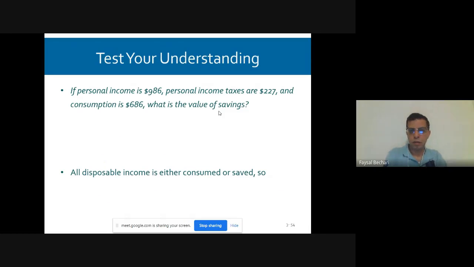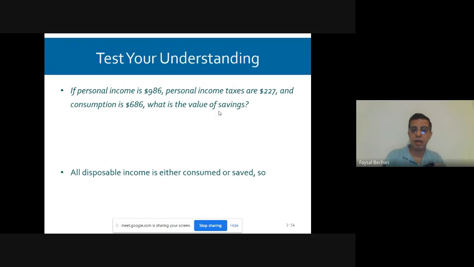Now, just to help you understand, if a personal income is $986 per week, per two weeks, or whatever, and personal income taxes are $227, and the consumption is $686, what is the value of saving?